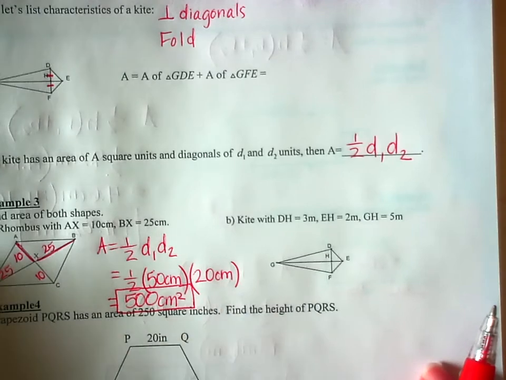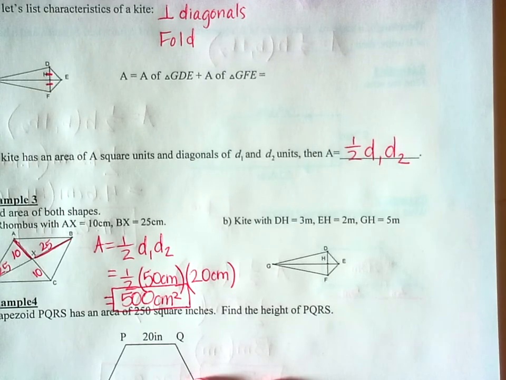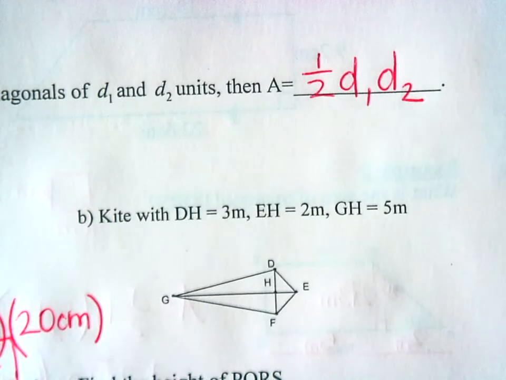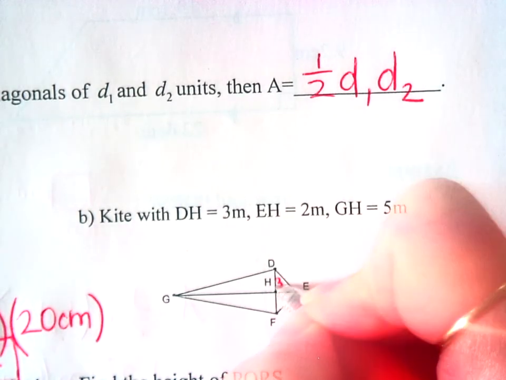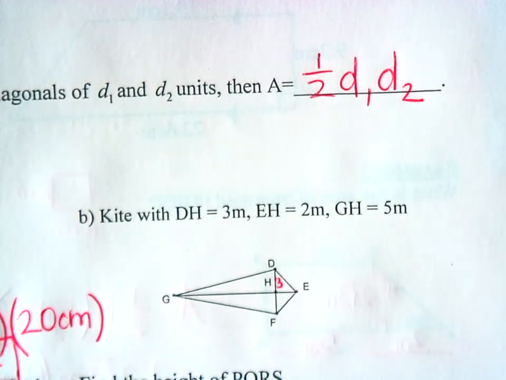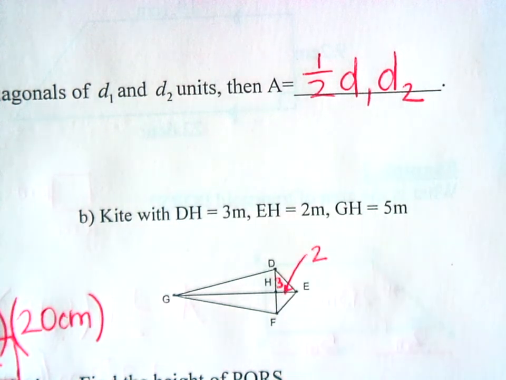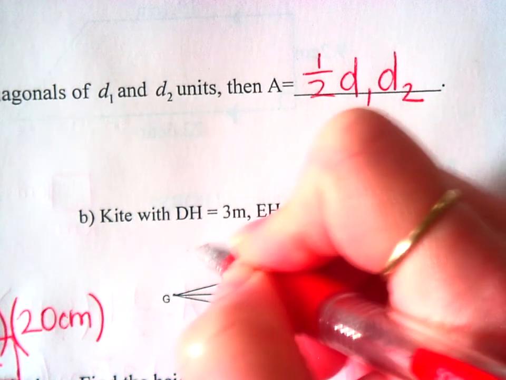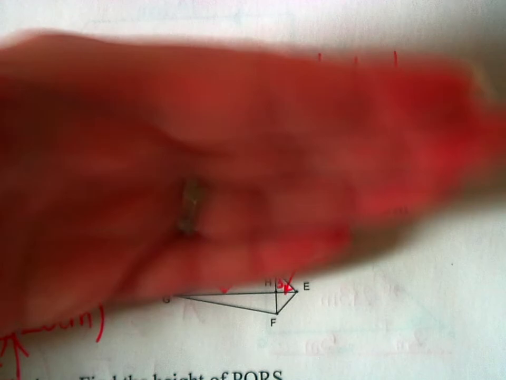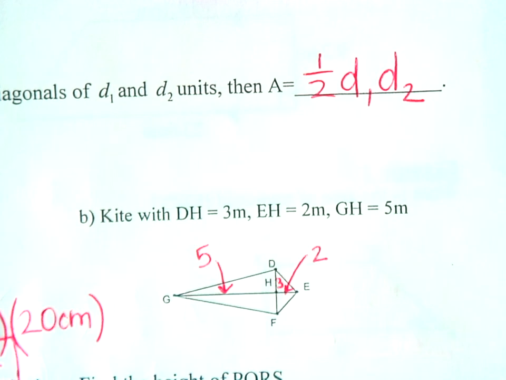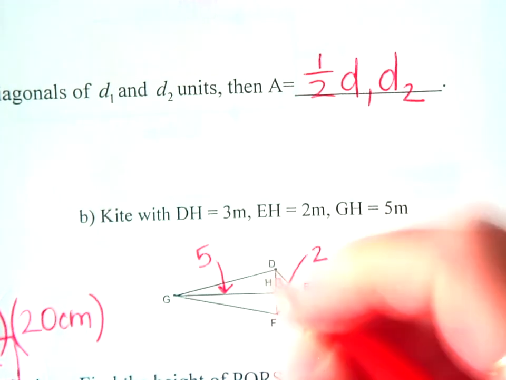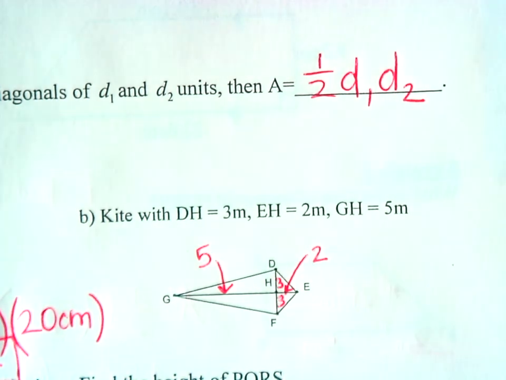All right, and then part B, it says that DH is 3. I'm going to zoom in here because I'm going to have to write really little. So DH is 3. Okay, and EH is 2. GH is 5. And remember, if we fold this kite down, if I have 3 here, I will also have 3 here.